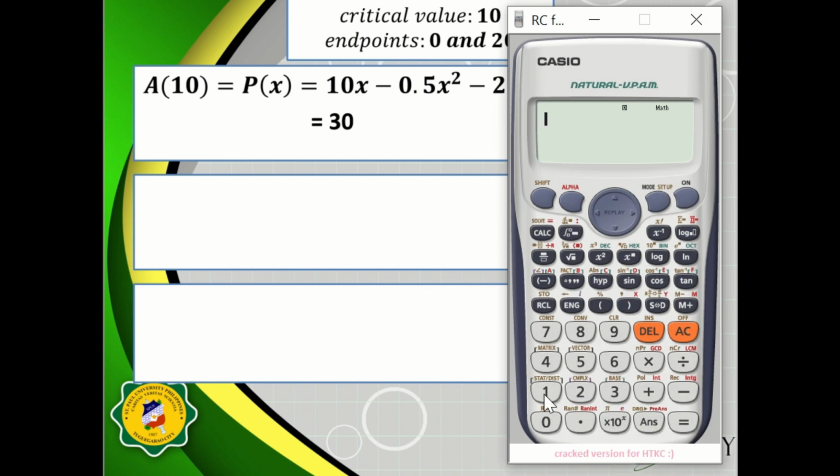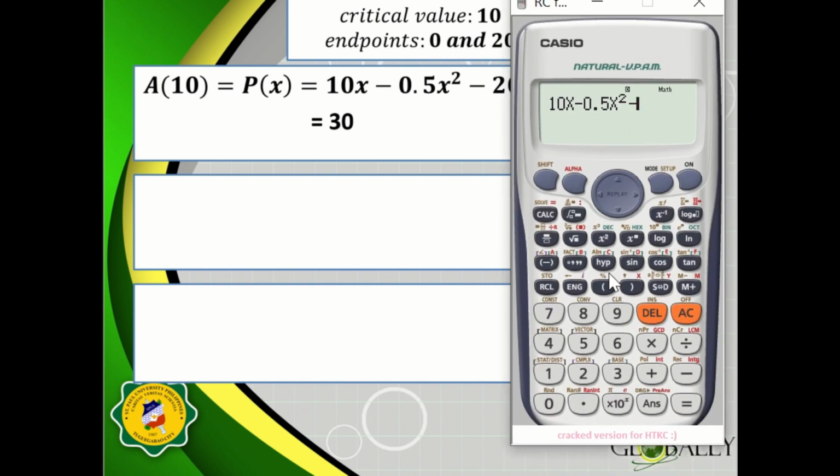So to verify this, let's use our calculator. 10x minus 0.5x squared minus 20. Then click calc and we write the value of x, which is 10, then the equal sign.